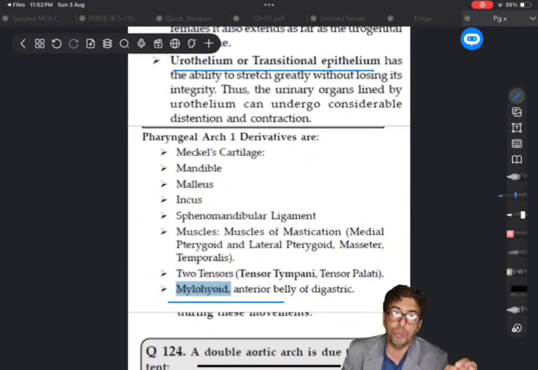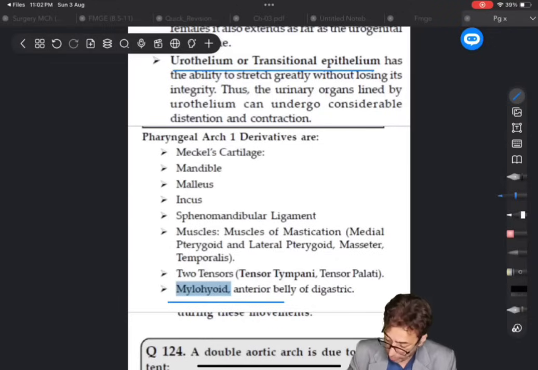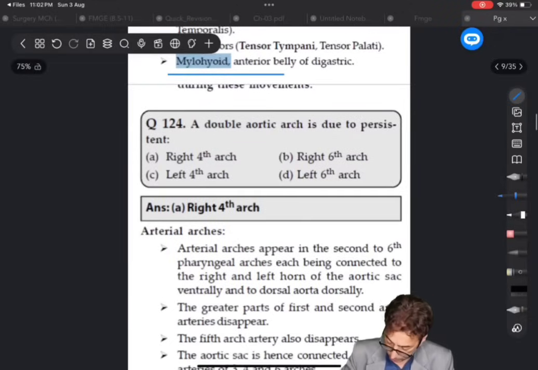You cannot remember individual muscles and the nerve supply to each muscle. Mylohyoid is the muscle of the first arch, and as you are well aware, the nerve supply to the mylohyoid is mandibular. M for M: mandibular, mylohyoid. It is given over here, so the mandibular nerve is the nerve supply. That was the question asked.